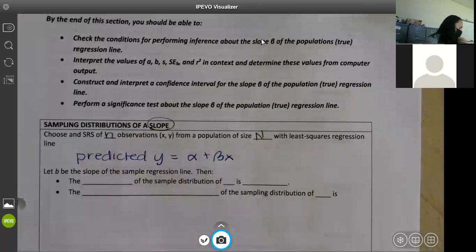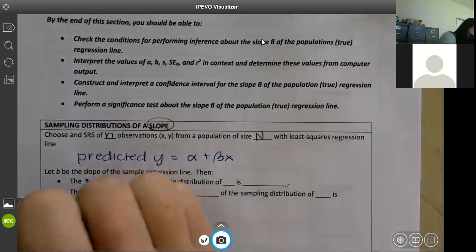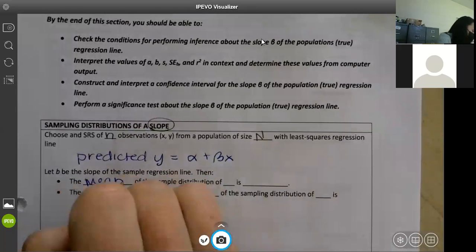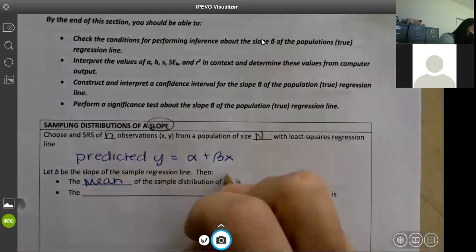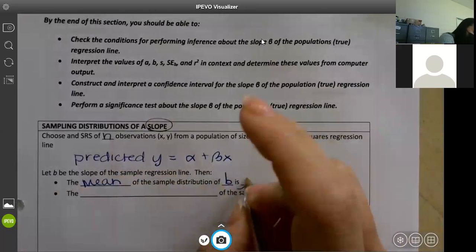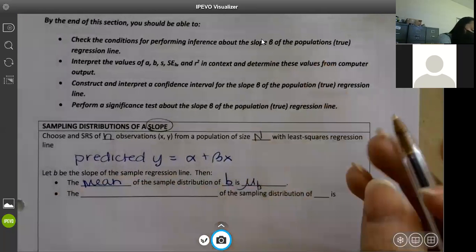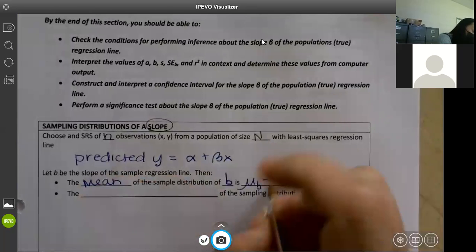Let b be the slope of this sample regression line. Then the mean of the sampling distribution of b is mu sub b, equal to beta.